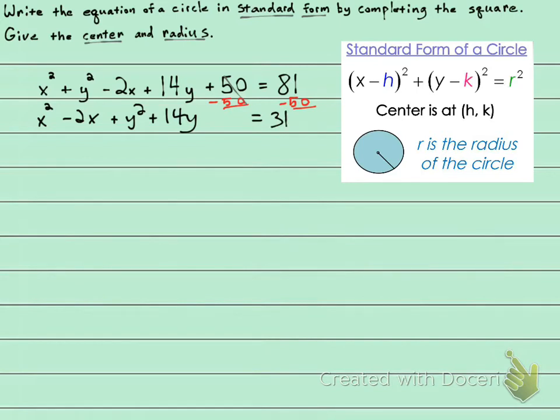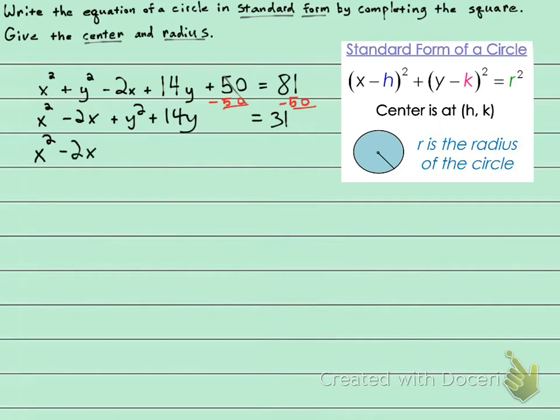Now, what I need is these x's all packaged together as a square. And I'm going to have to use completing the square to do that. And then right here, I have these y's. I want them all packaged in a nice square. So I'm going to have to complete the square with the x's and with the y's. So let's see what that means.